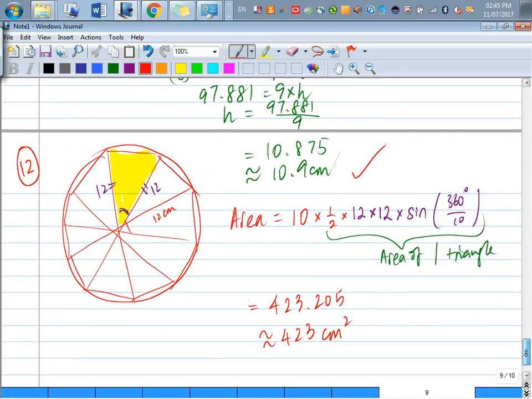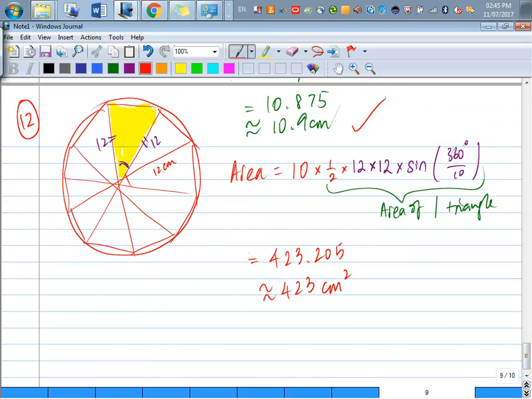No, they ask for the whole thing. This one is one triangle only. I need to multiply by 10 to get this. This is my final answer, because I multiplied by 10 already.